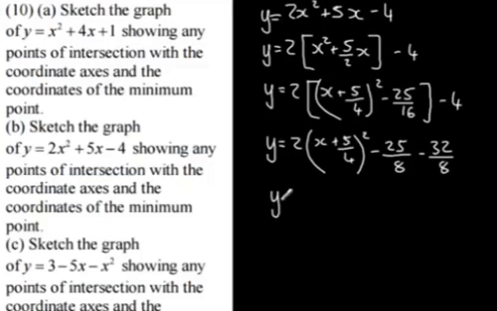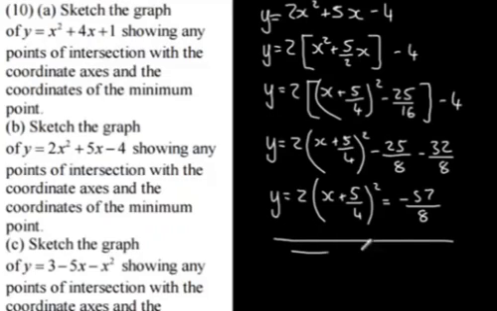So in completed square form, y is going to be 2(x + 5/4)². What's that going to give me? Minus, now we've got minus 57/8. Okay, right.